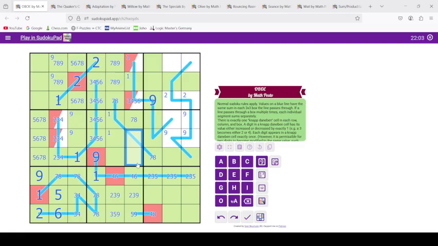Over here is 2, 3, 5, 7, 8, or 9. Well, not 9. Oh, this 7, 8, 9 is looking down here, so neither of those are 9s. Also, 7 is looking into this box, making one of those two a 7 or 8.